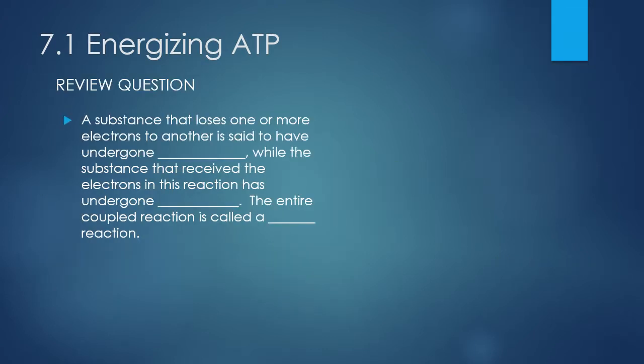Let's do a quick review here. A substance that loses one or more electrons to another is said to have undergone what? While the substance that received the electrons in this reaction has undergone this, and the entire coupled reaction is called a what reaction? So a substance that loses one or more electrons to another is said to have undergone oxidation, while the substance that received the electrons in this reaction has undergone reduction.